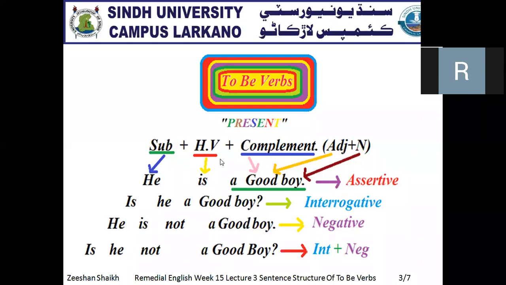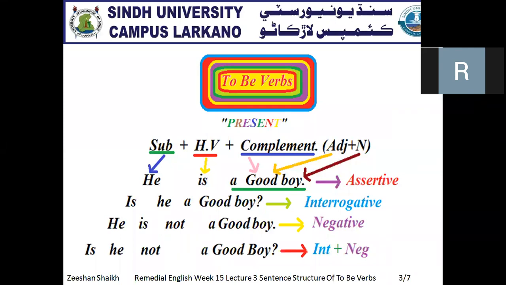And the third one is the complement. The complement consists of adjective and noun. It is a combination of adjective and noun. And the complement is basically that on which the sentence is completed. In the Sindhi language, we say jente jumlo puro thi, it is known as the complement, meaning that on which the sentence is completed. So we can call it a complement.